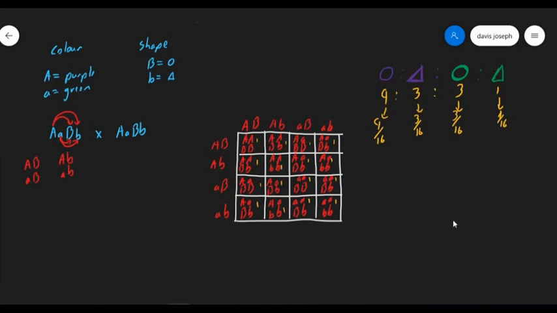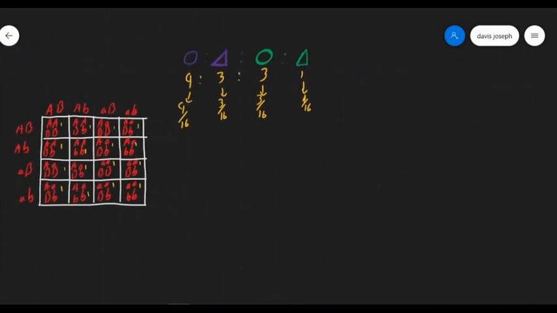So suppose we had 144 individuals, right? How many do we expect to be purple and round, purple and triangular, green and round, and green and triangular? The individuals we expect to be purple and round is going to be 9/16 of 144, so 9 over 16 times 144.